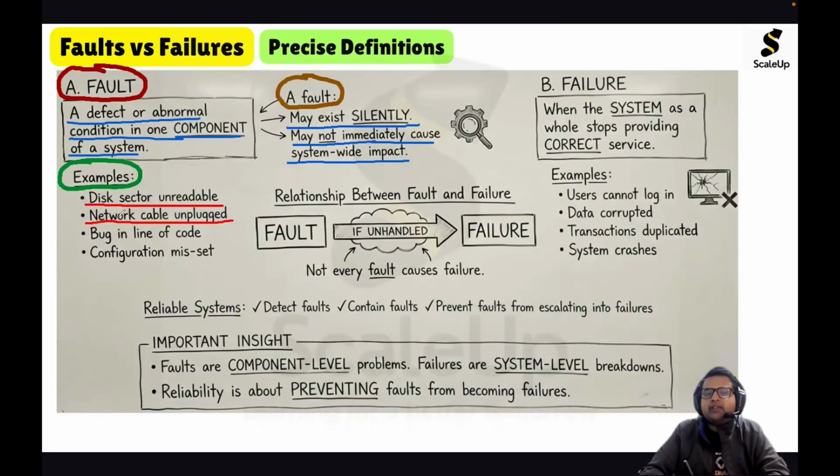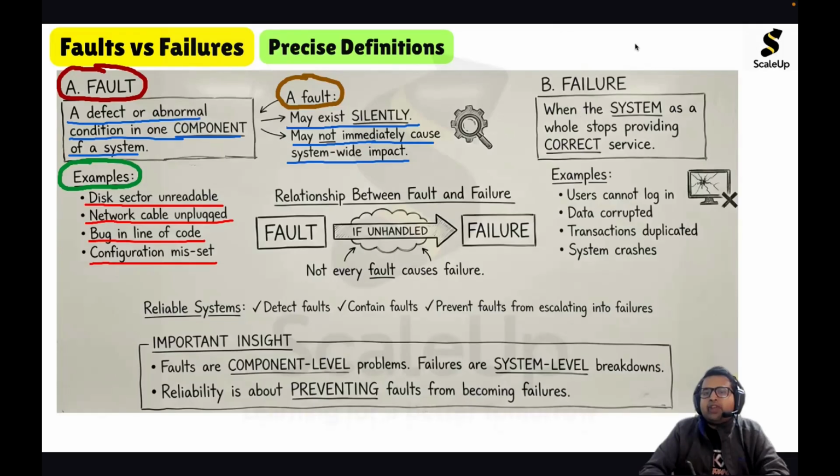The disk and the network are parts of the system, so here the issue is not with the entire system but with a component of it. Hence these are examples of faults: disk sector unreadable, network cable unplugged, a bug in a line of code, a misconfigured setting.